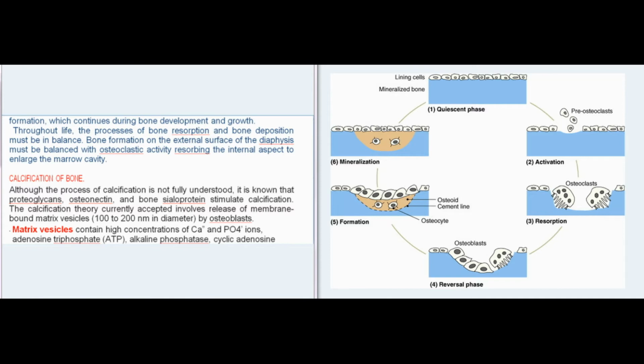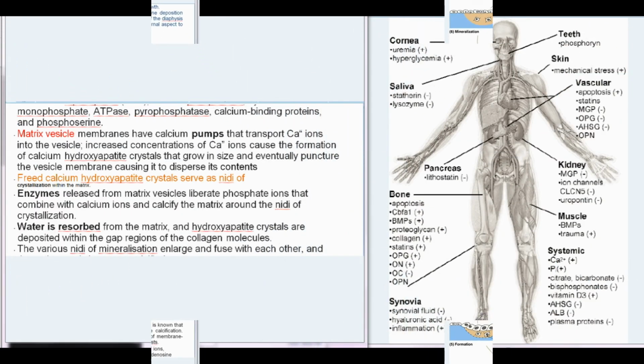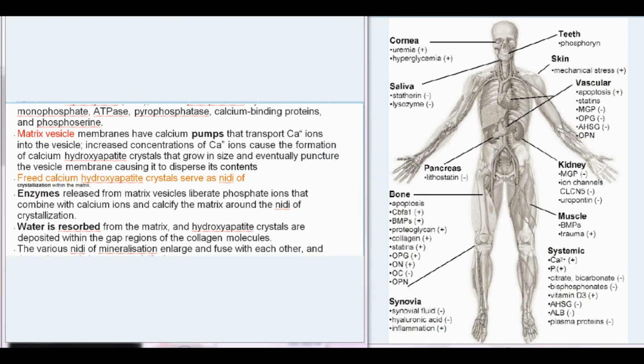Matrix vesicles contain high concentrations of Ca and PO4 ions, adenosine triphosphate (ATP), alkaline phosphatase, cyclic adenosine monophosphate, ATPase, pyrophosphatase, calcium-binding proteins, and phosphoserine. Matrix vesicle membranes have calcium pumps that transport Ca ions into the vesicle.